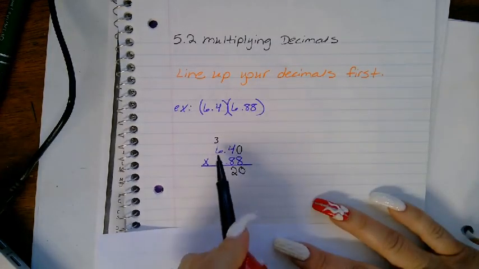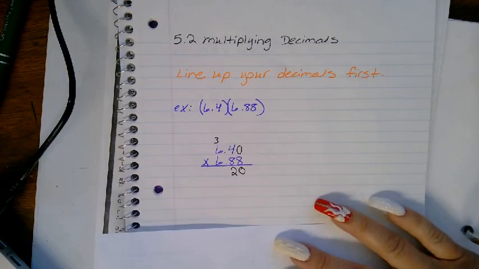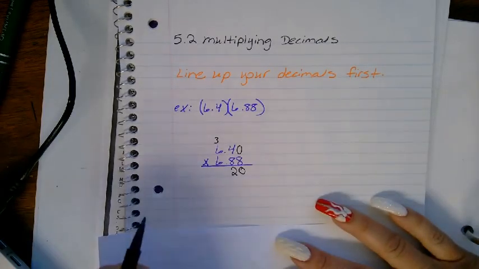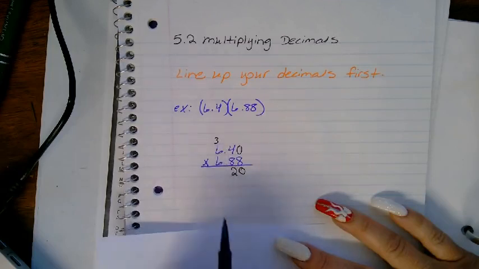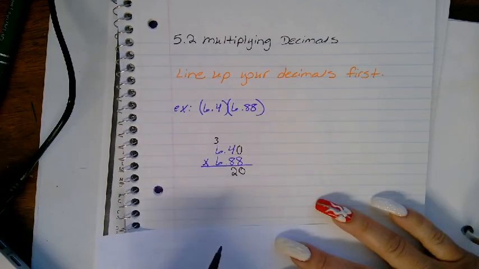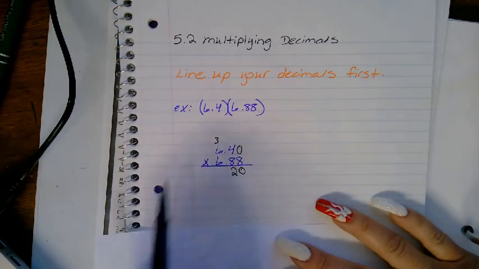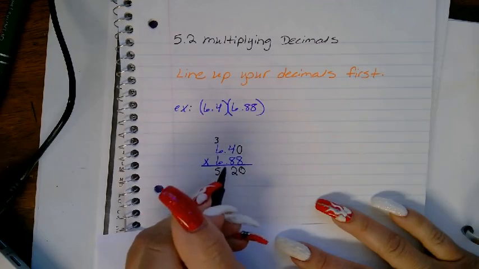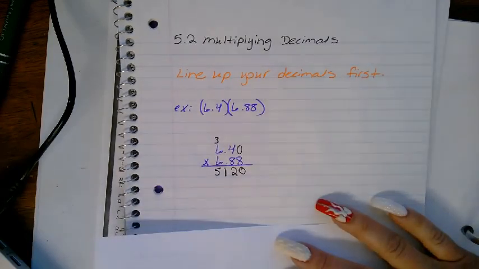Then we're going to do 8 times 6, which gives us 48, and then we have to add the 3. So 48, 49, 50, 51. So we have a 51. Now, remember, I'm not worried about that decimal point yet.